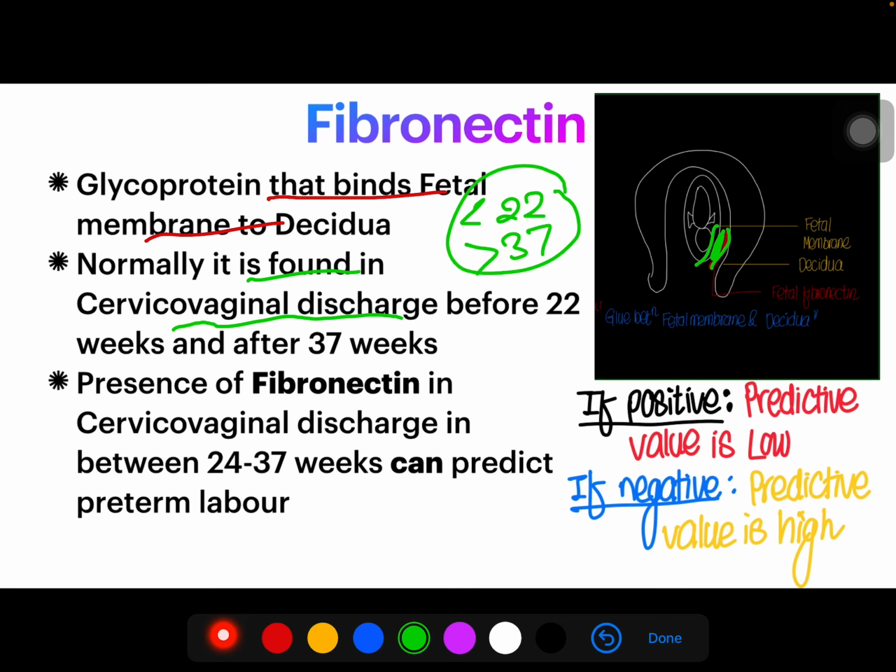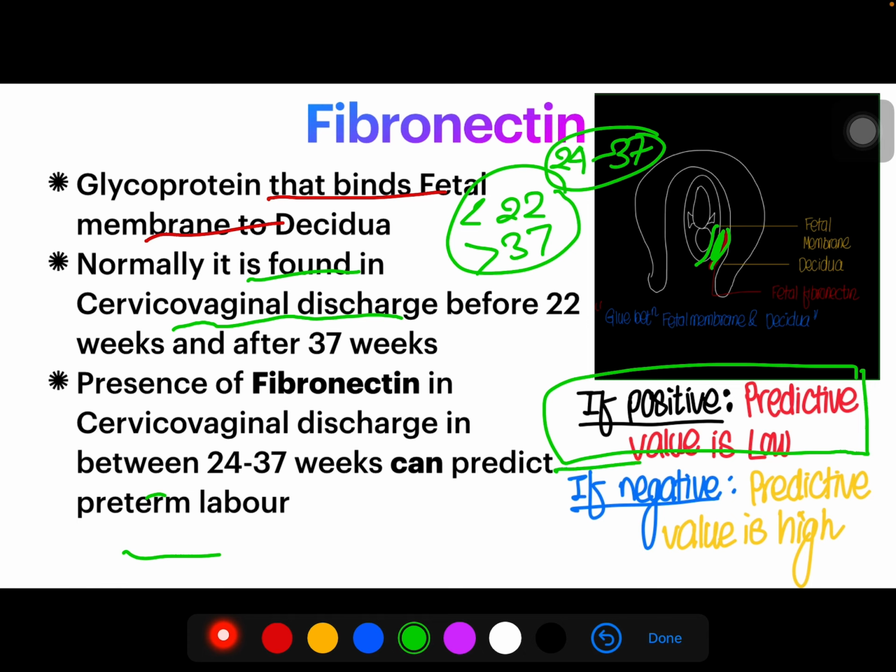But if we see it in between this period, from 24 to 37 weeks, then we can predict preterm labor. However, if fibronectin is positive, the predictive value is low, as only a small percentage of the people who are positive for fibronectin may go into preterm labor.